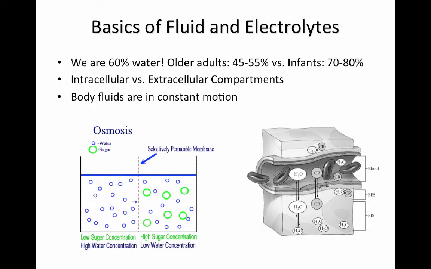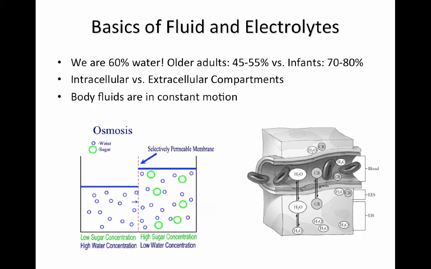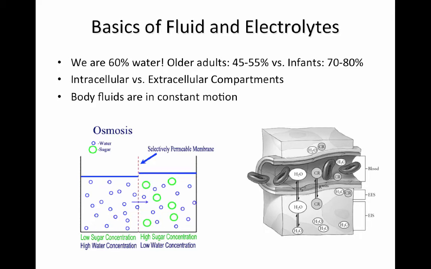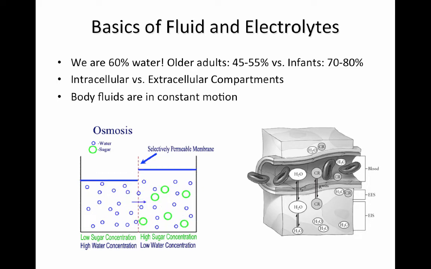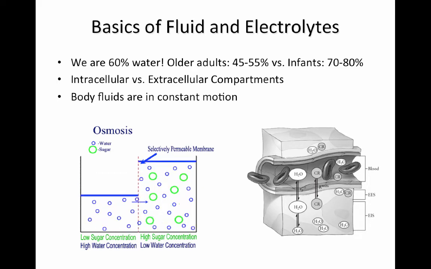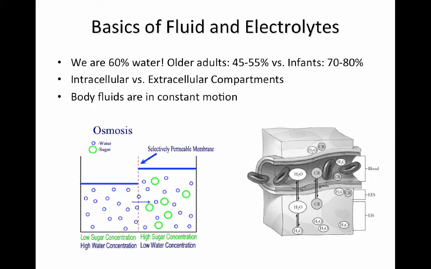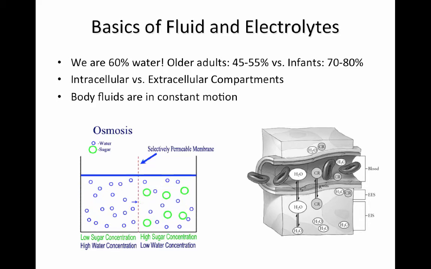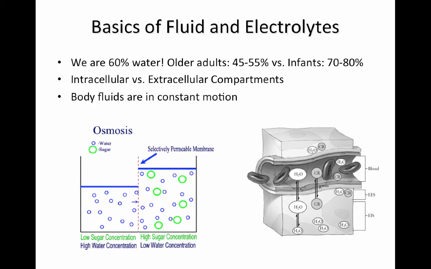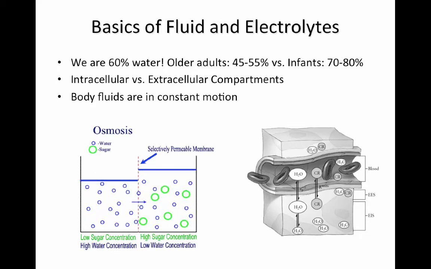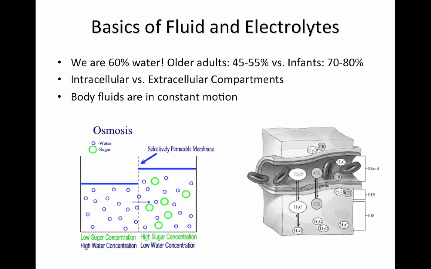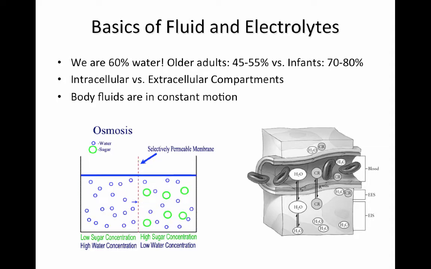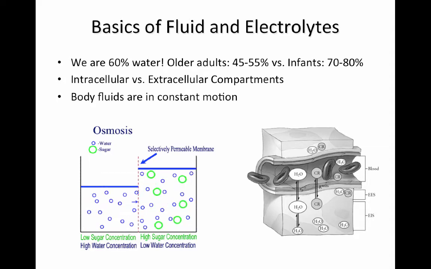So as the water moves, it's going to create pressure on the solutes that are in that space. As the water is moving across that semi-permeable membrane into the area of higher concentration, that water is going to create pressure. And it's going to put pressure on the solutes as it moves those solutes around. That is considered your osmolality.